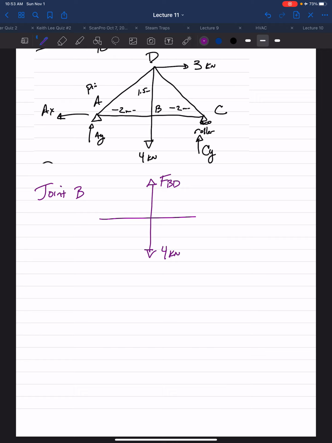We calculated FCB previously to be 4.17 kilonewtons.